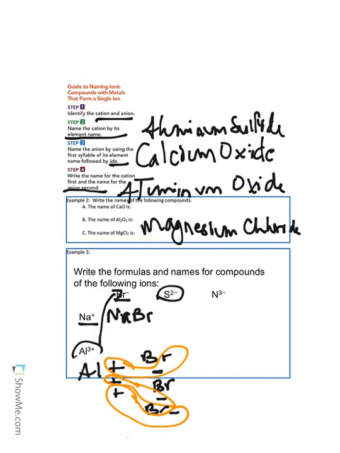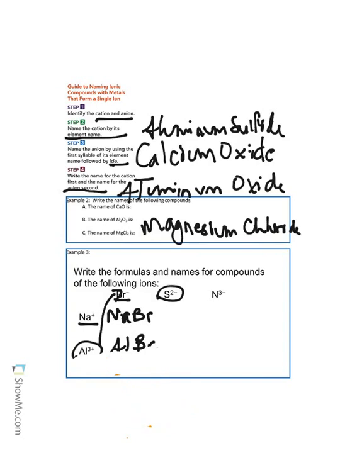So our formula is AlBr3. So our name is aluminum bromide.